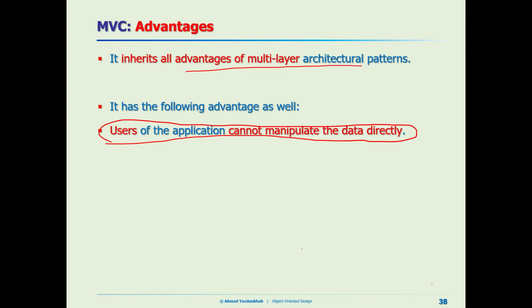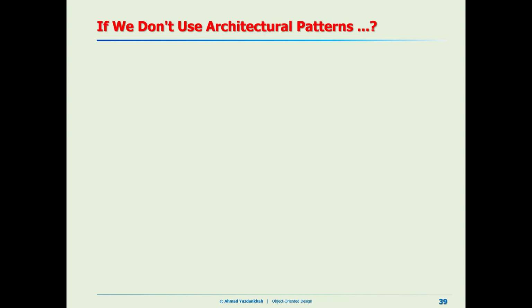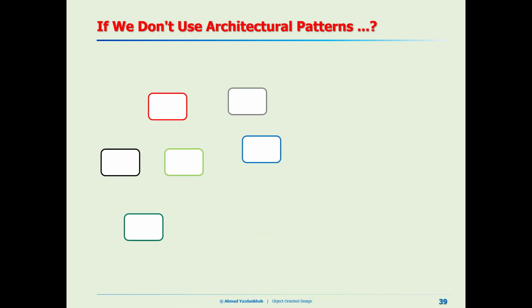All right. Now let's see, if we don't use architectural patterns, what would happen? So here is what would happen. You designed your software, and you would say, okay, I have these 6 classes, let's say. And then you say, okay, these are the dependencies between these classes. After a couple of weeks, you would say, oh, no, you know what? There are more dependencies. And then, a couple of weeks later, probably you would say, oh, there is another dependency like this.